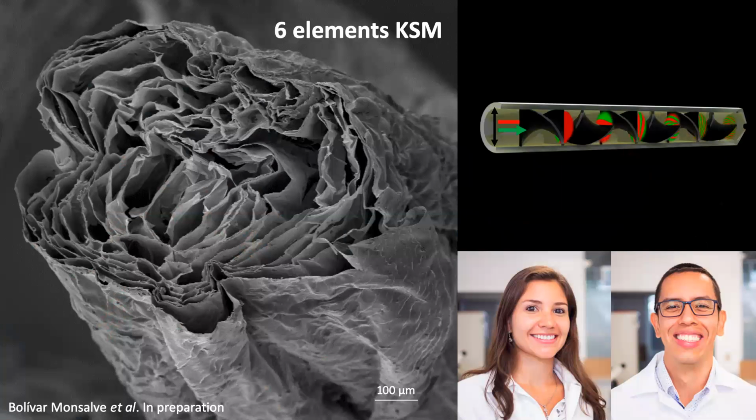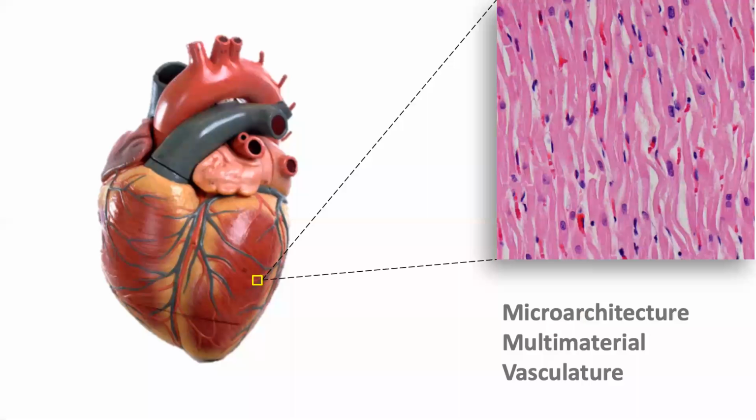Here, Carlos and Joanna were capable of challenging the system to print these multi-channel filaments with 6 elements, again, using gamma alginate and Pluronic. Now we are working on loading cells in the permanent hydrogels of these filaments so we can create vascularized-like tissues.